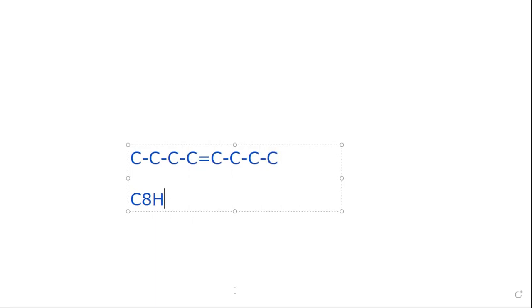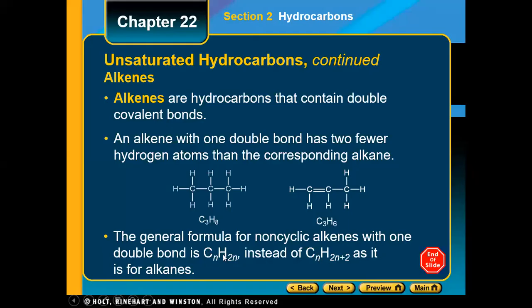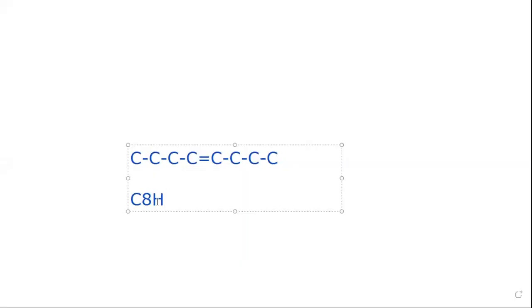Remember, based on the formula, with only 1 double bond, please. Remember our formula here. The formula says CnH2n. No, I say no. 16.